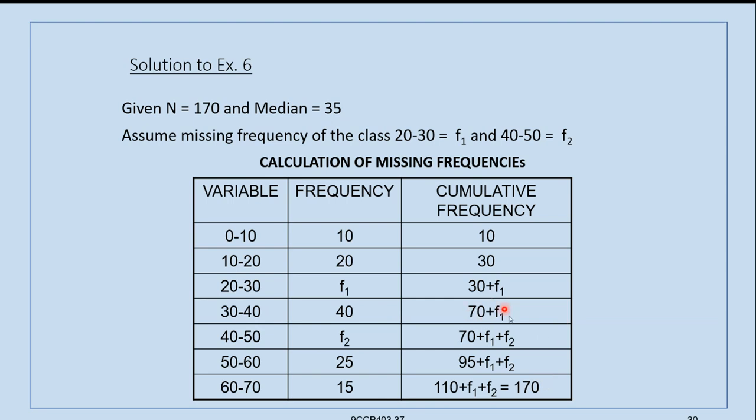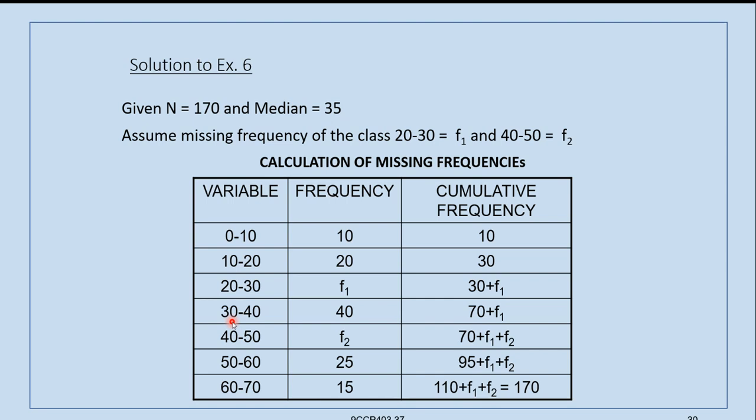So 85 may fall here, because normally by seeing the class intervals and frequencies, we can assume this is the highest frequency, and because it is lower, 85 may fall here only. Right, the median class is 30 to 40.